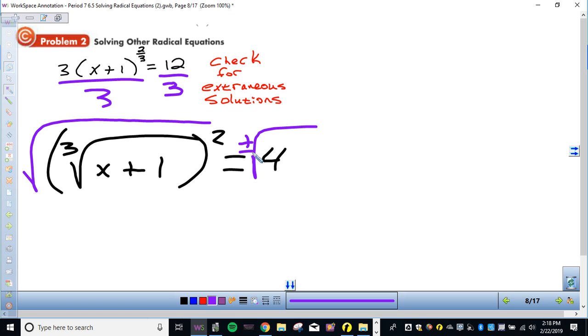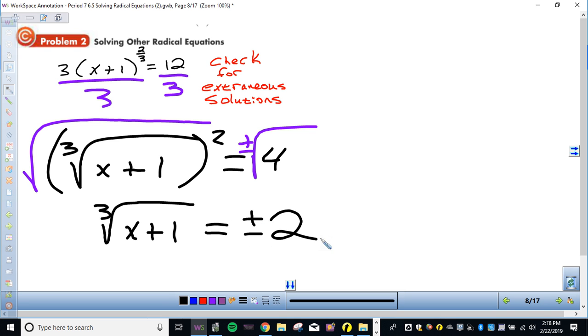So that's the hard part for you guys, determining how you should do the problem. But if you end up with x plus 1 squared and you have to FOIL that out, that's probably not the easiest way. So what do we have left on this left side? Just cube root of x plus 1 equals plus or minus 2.